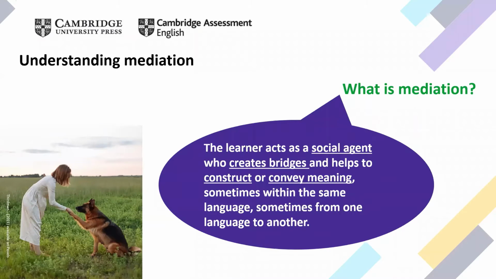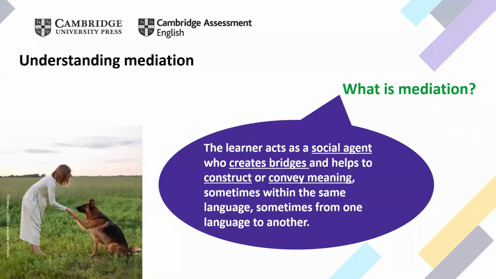First of all, the learner becomes or acts as a social agent, which means that this learner is going to be identifying the gaps in communication where there is a problem, and is going to be creating bridges. So finding ways, finding strategies to solve these problems and help this communication.